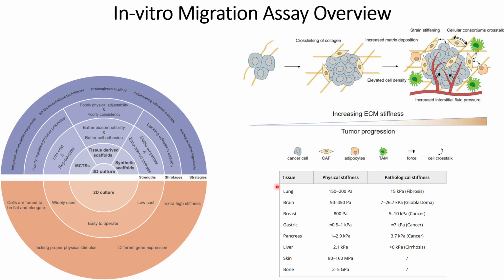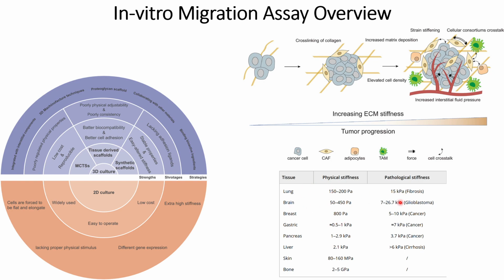Now let us quickly go through the physical stiffness identified in different tissues. In the case of lung, the physical stiffness of normal healthy lungs is around 150 to 200 Pascal, whereas in the pathological case it can go up to 15 kilopascal.